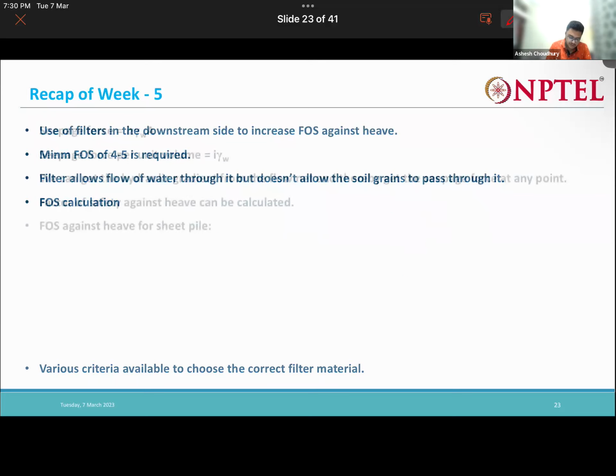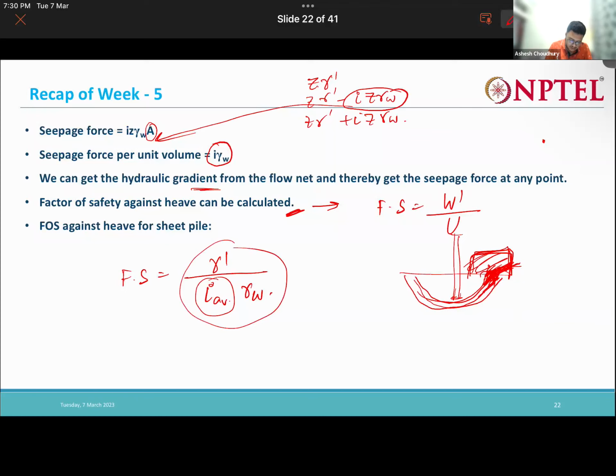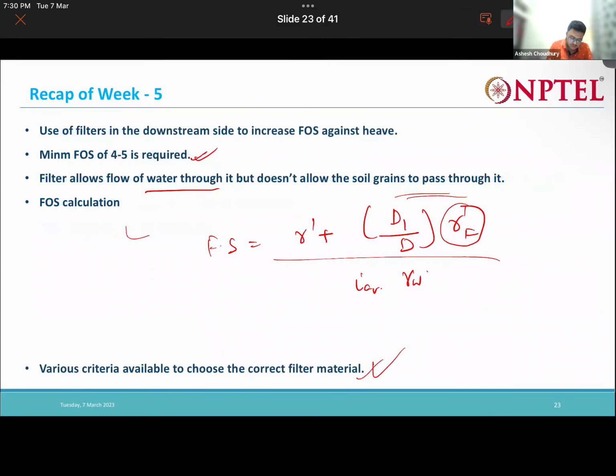Initially my factor of safety was this, but due to the use of the filter, it increases by this much amount. This is the benefit of using filters, and we have to ensure that the minimum factor of safety of 4 to 5 is maintained.